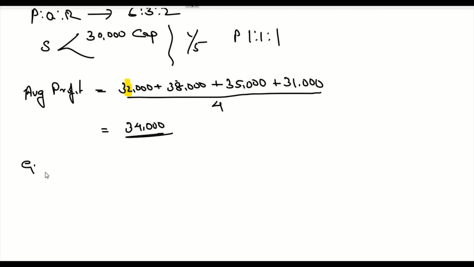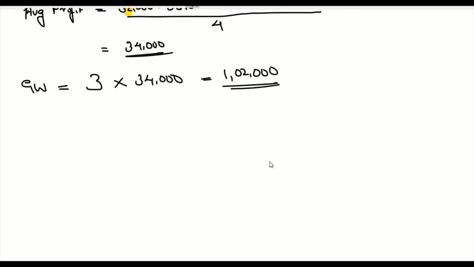So goodwill of the firm: the question says goodwill has to be calculated on 3 years purchase of average profit. That is 3 multiplied by 34,000, which is going to be 1,02,000. Now this 1,02,000 is the goodwill of the firm.